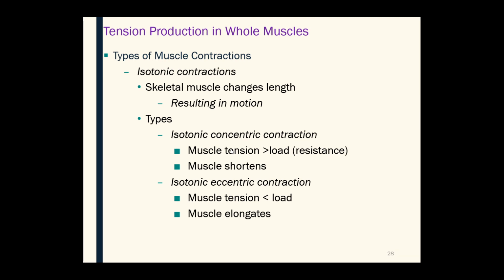Okay, let's take a look at a couple different ways that muscles contract, and I want to show you some different types of muscle contractions. The first type of muscle contraction we're going to call isotonic contractions. When your skeletal muscles contract and the muscle changes length so that we produce movement, this is known as an isotonic contraction.